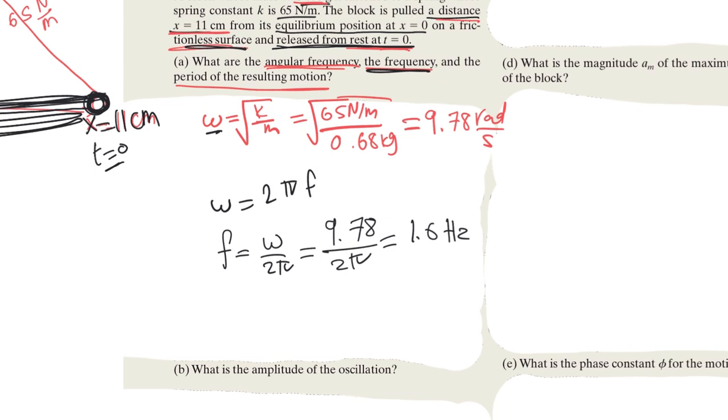And the period is 1 over f, which will be about 0.64 second. Okay, so we finish those three: the angular frequency, the frequency, and the period.